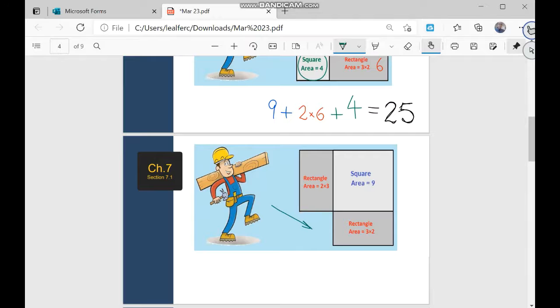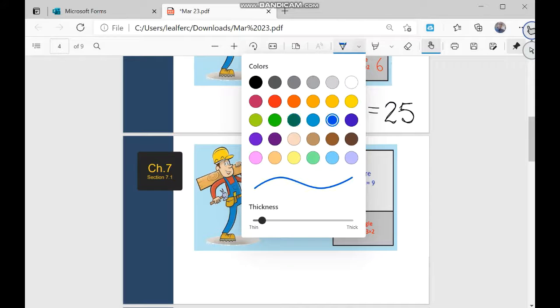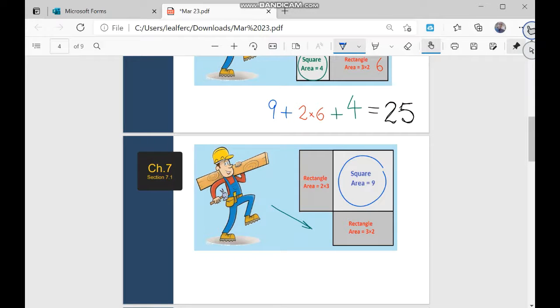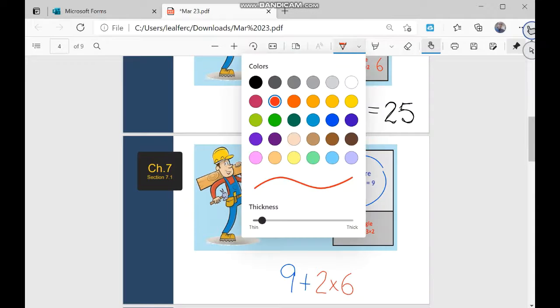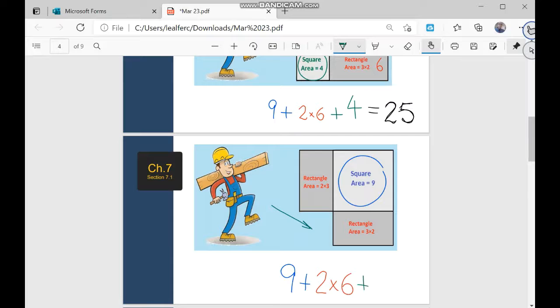We have the large square. Yes, the large square is here. We have the two rectangles. The area of each rectangle is 6. But something is missing. We need to complete this square. What is missing?